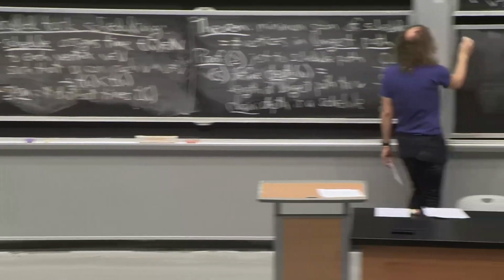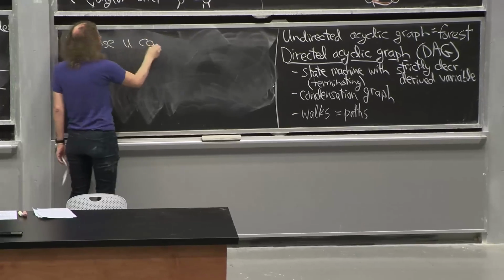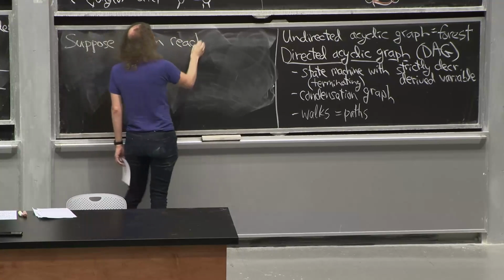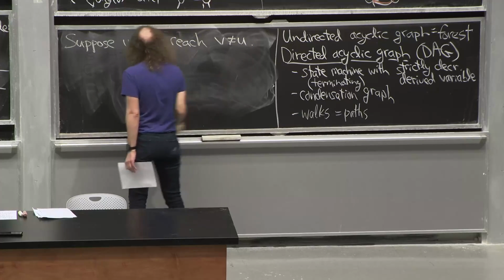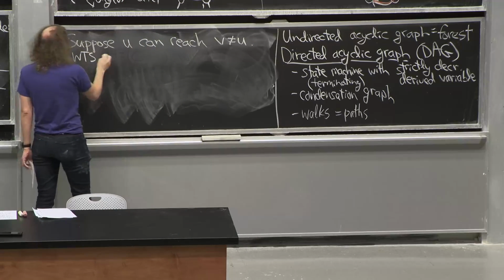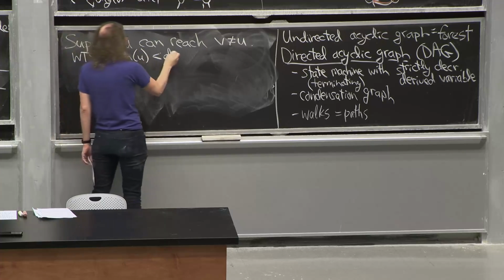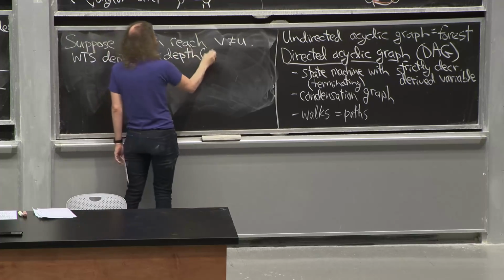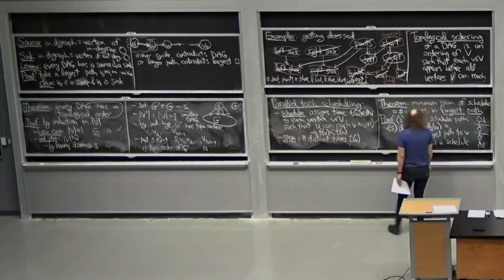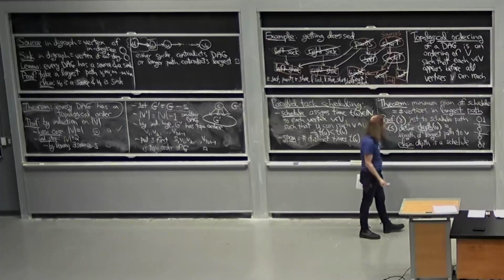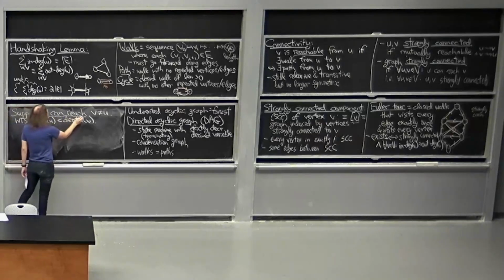So suppose u can reach v, and suppose v does not equal u. We want to show depth of u is strictly less than depth of v. This is what it means to be a valid schedule. So what does it mean that u can reach v?